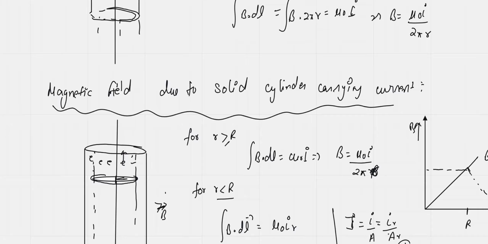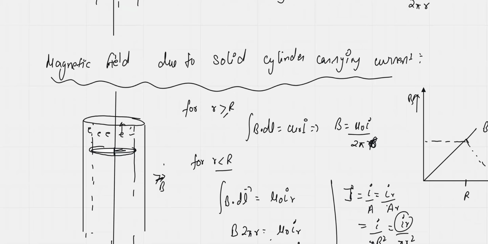No doubt, right? Okay, I did this derivation in a very fast-forward manner. You see here, in this problem, my current density was constant.